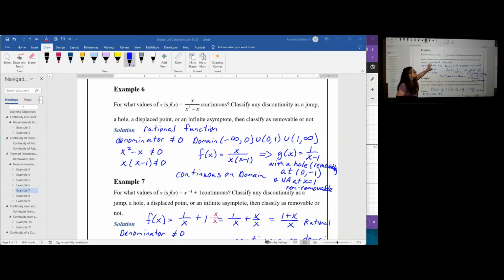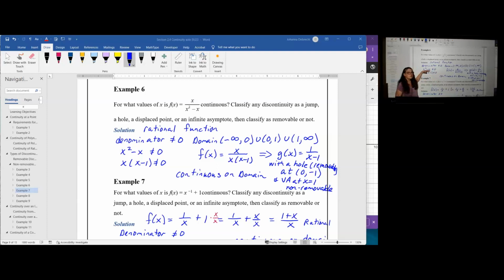Example 6 is going to be a rational function because I have a line, which is a polynomial, divided by a parabola, which is also a polynomial. So I know in advance that it will be continuous on its domain, but I have to find out what values might be left out of its domain by determining when the denominator is 0, since the denominator can never equal 0.